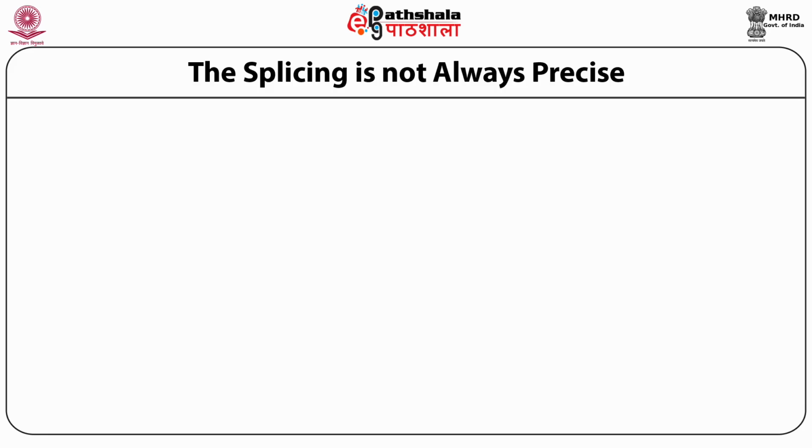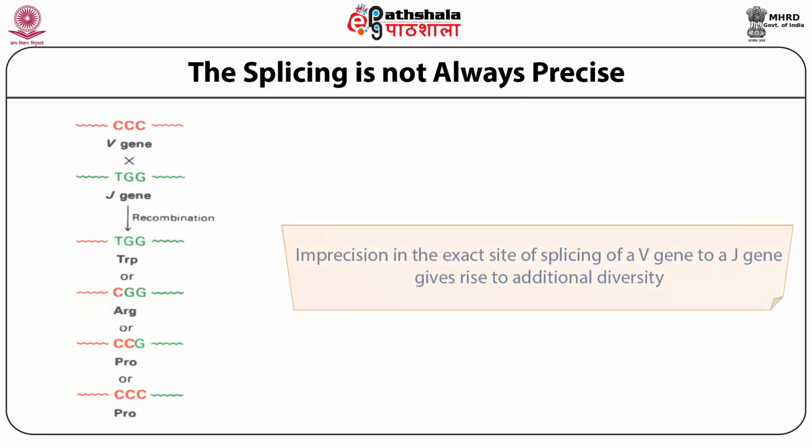This imprecise splicing becomes a further source of diversity of variability in both L chains and H chains, as shown in this slide, which illustrates some possibilities. The V gene has CCC sequence, the J gene has TGG sequence. Upon recombination in an imprecise fashion, various possibilities may occur.